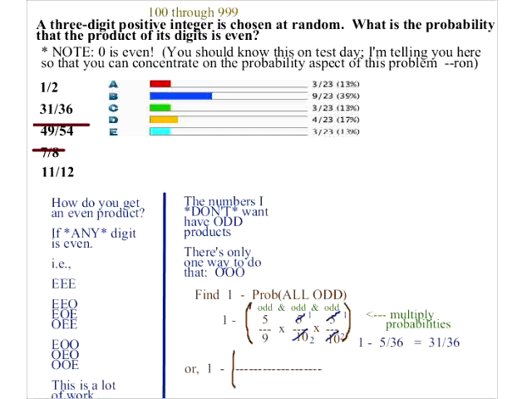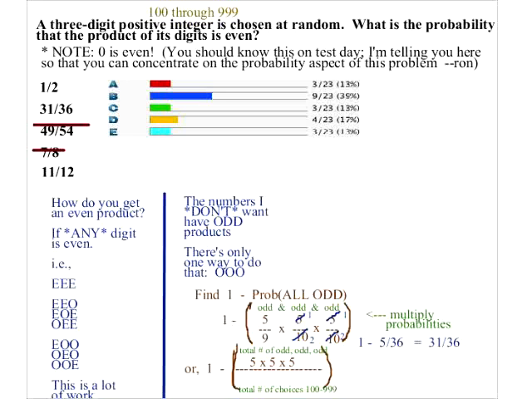The total number of odd numbers is going to be 5 times 5 times 5, because that's the number of odd digits you have for each place, over the total number of choices altogether, which is 100 through 999, so that's 900 numbers. So out of 900 total numbers, you've got 125.